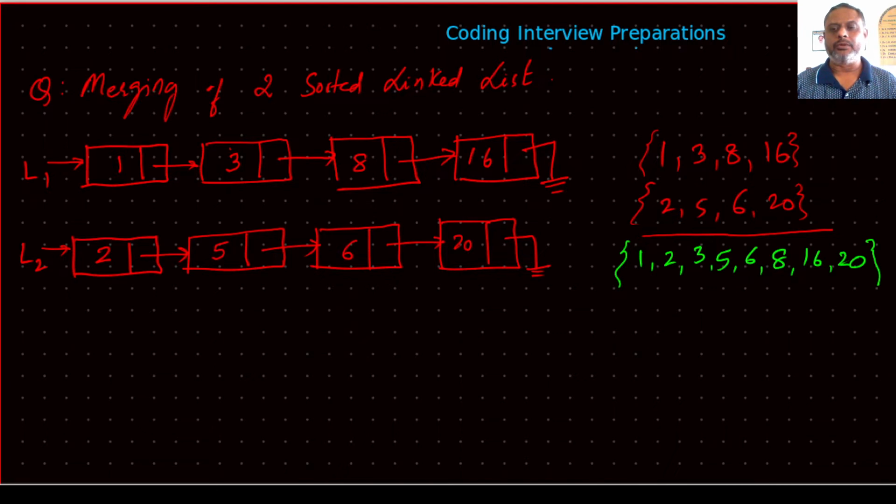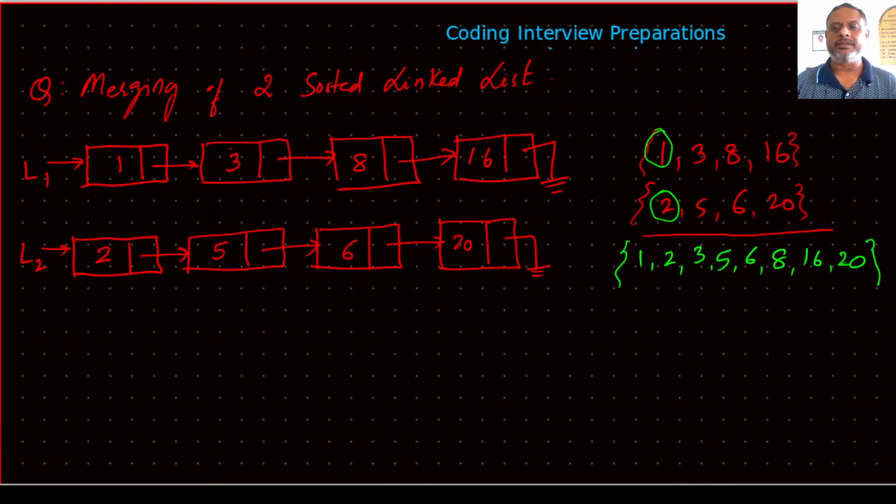So how is it done? We know that the first element in both lists is the smallest in that particular list. So we look at the first element in the first list and the first element in the second list, and both happen to be the smallest in their own lists. One is the smallest in the first list, two is the smallest in the second list.